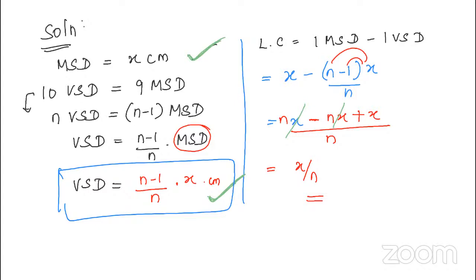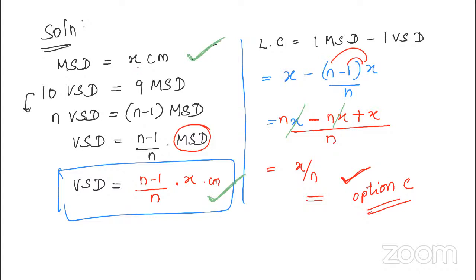Now we can tell the correct option. That is option C. Option C is the right one. So in the problem, the VSD value is x centimeters.